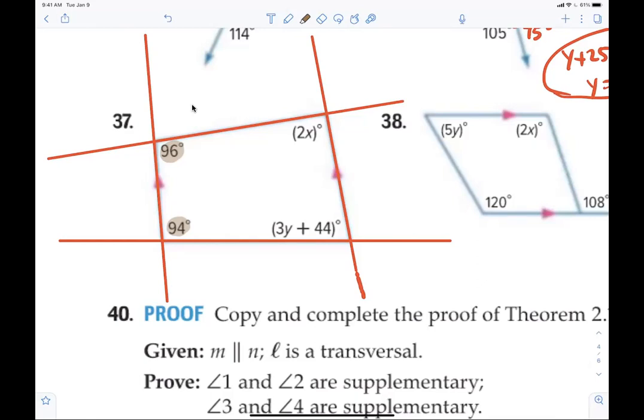The lines must be parallel, or those four statements I said about corresponding, alternate interior, alternate exterior, and consecutive are not true. That's why 96 and 94 don't add up to 180, because, watch me, these two lines are not parallel. So none of that holds true.